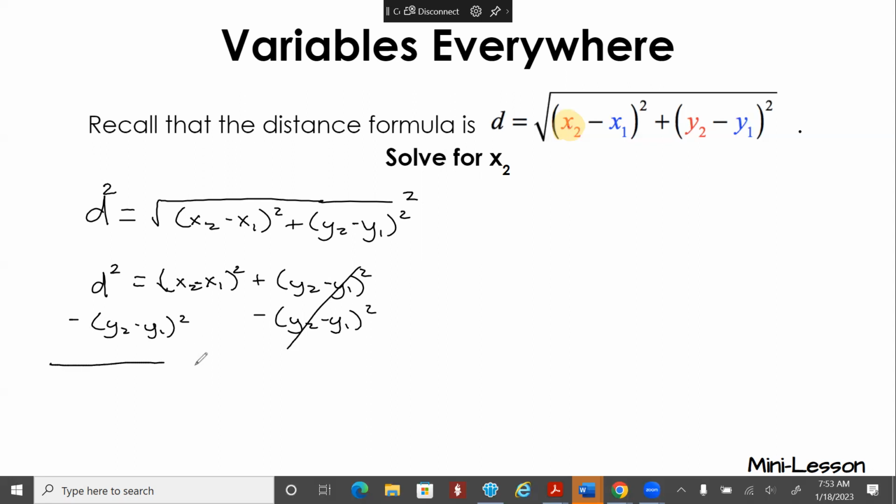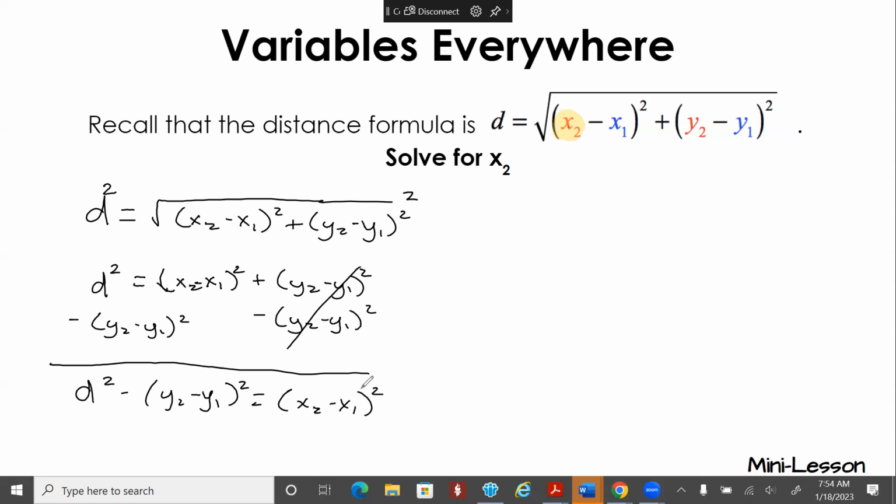So now we have D squared minus y sub 2 minus y sub 1 squared equals x sub 2 minus x sub 1 squared. Now we still want x sub 2 by itself, but it's attached to this squared.